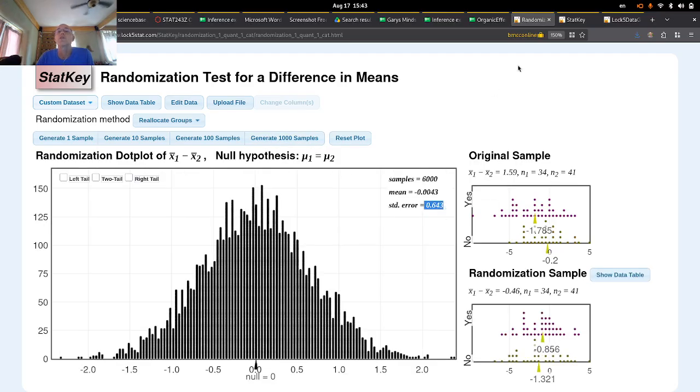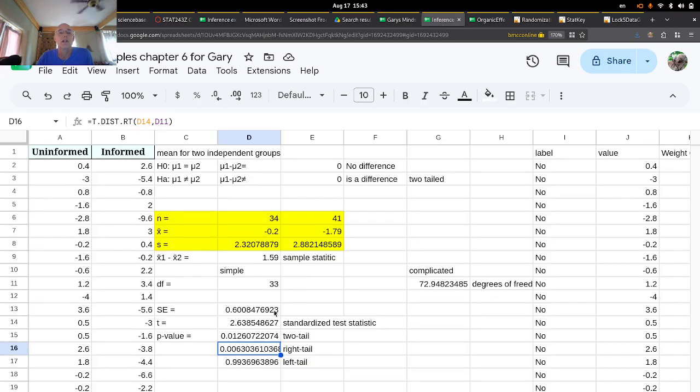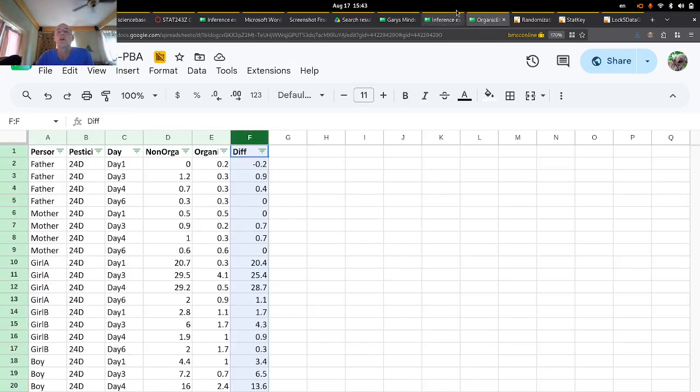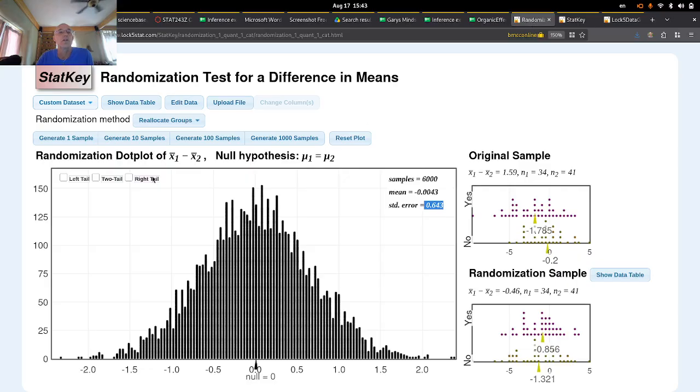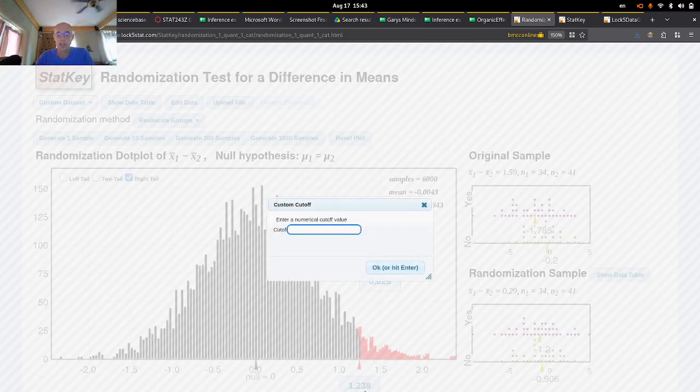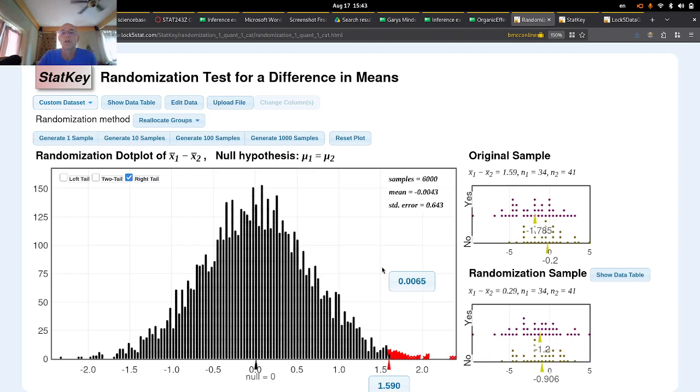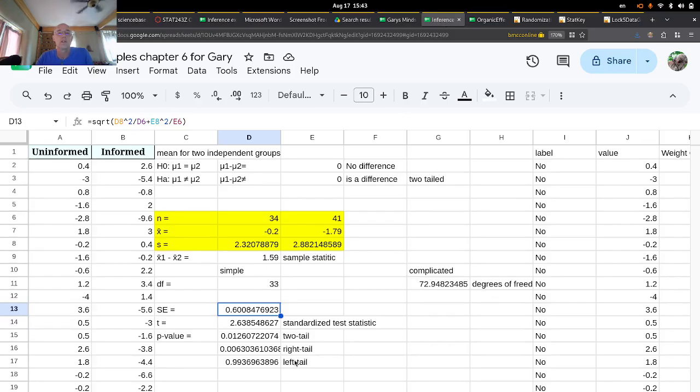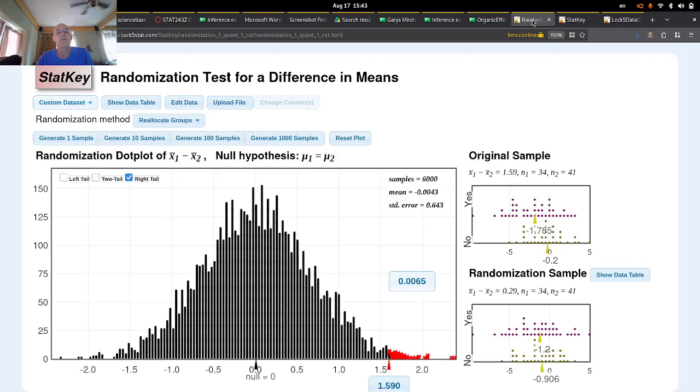And 0.643 should match about the standard error we saw over here. Ballpark, close enough. There you are. And then I want to do a right tail test. And then I have to enter the actual sample statistic, 1.59. And I should get a similar p-value. 0.0065. We had 0.0063. Pretty close. All right, so StatKey verifies through a randomization test.